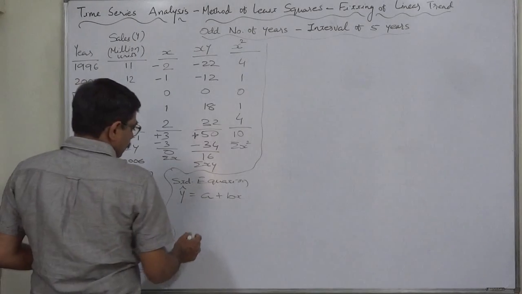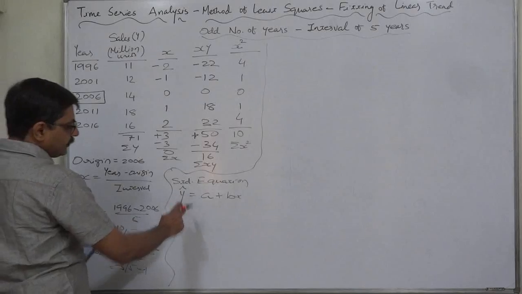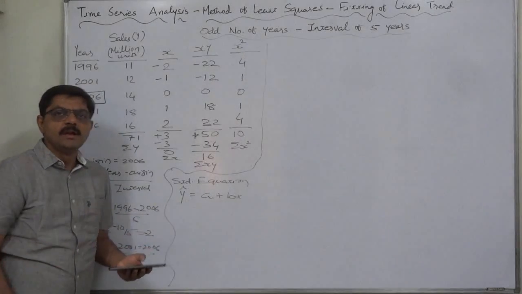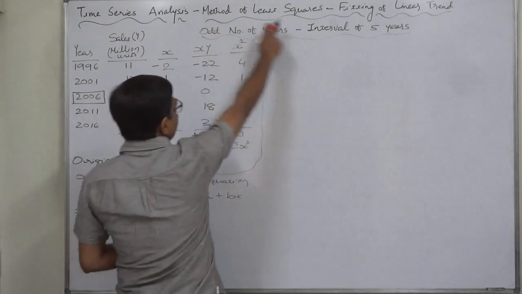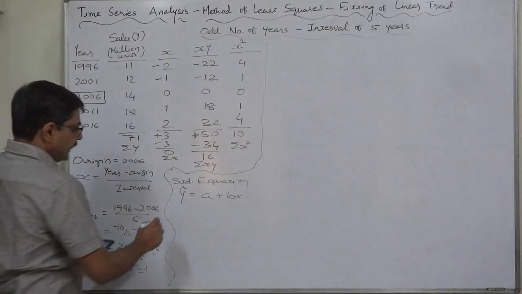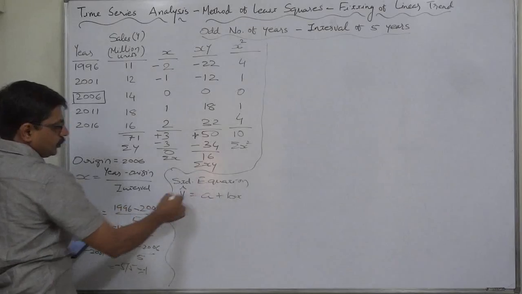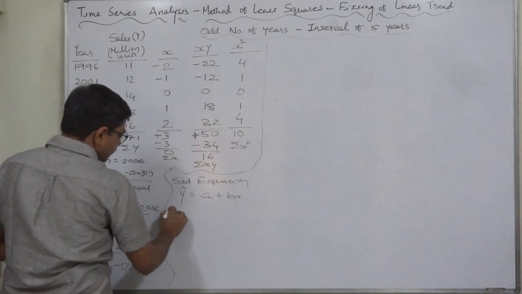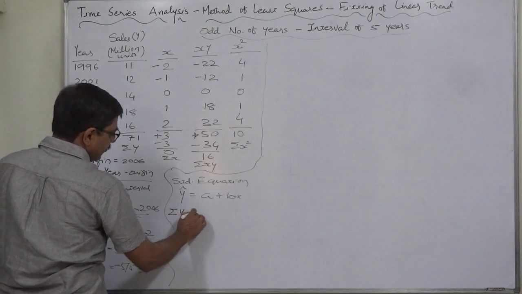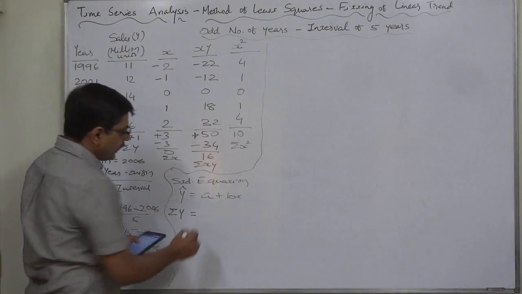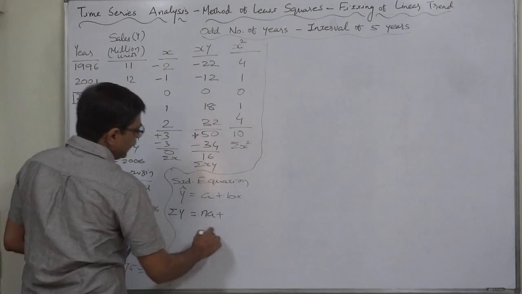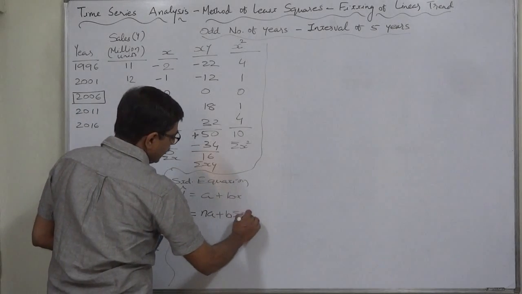Now on the basis of this standard equation, we can have two normal equations according to the method of least squares. First is summation of the variables, so it will be sigma y equals, now sigma of a constant value becomes n, so it will be na plus b sigma x.